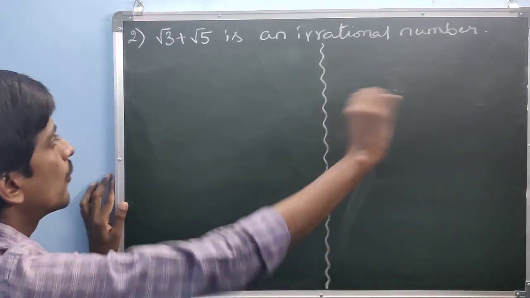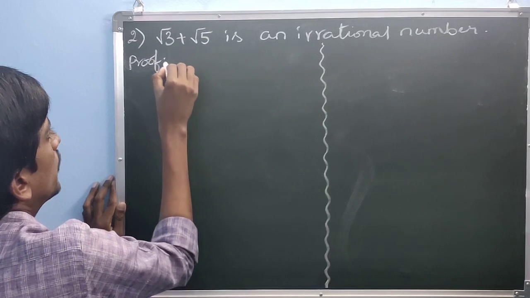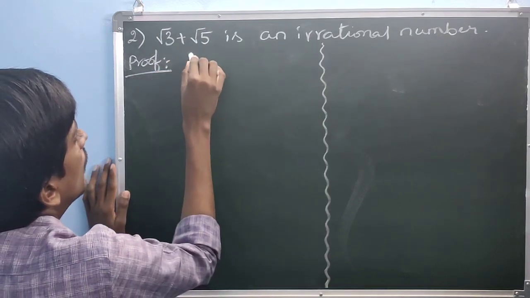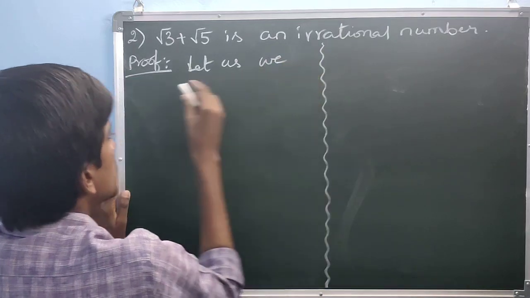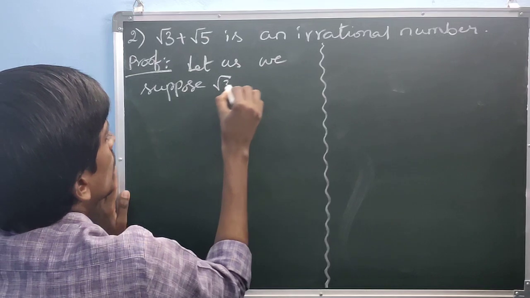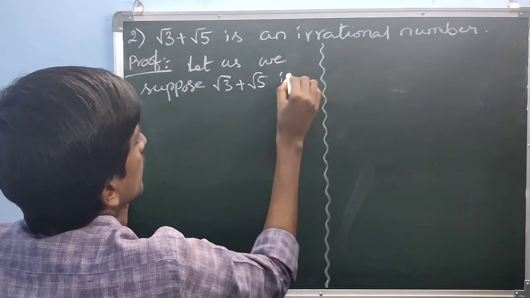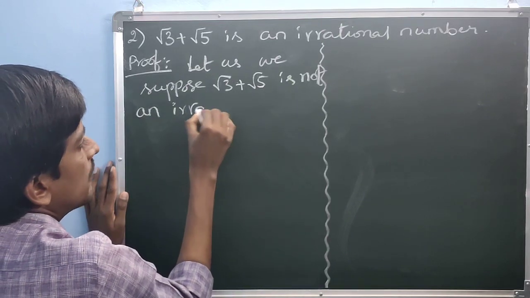Proof. Let us suppose root 3 plus root 5 is not an irrational number.